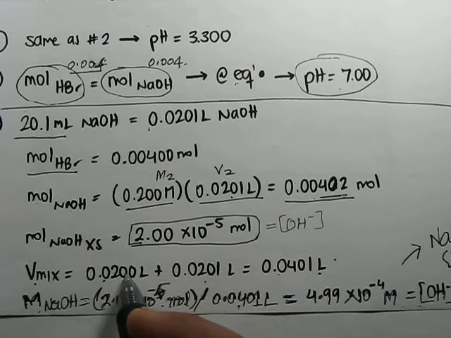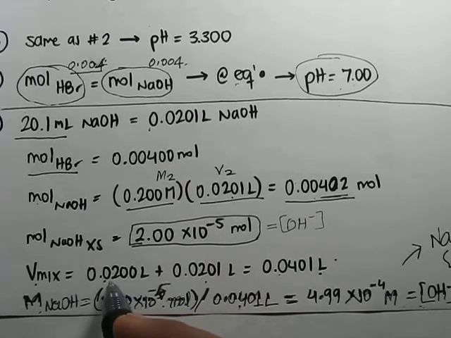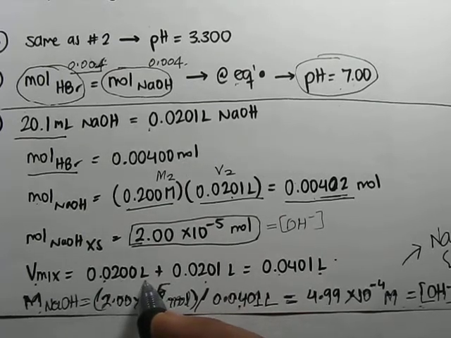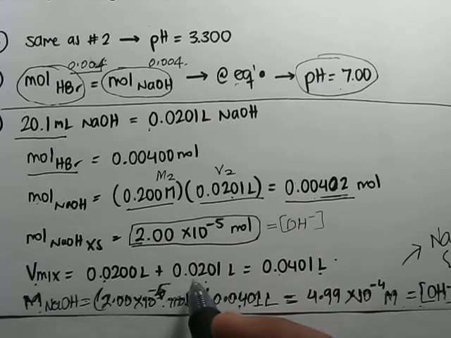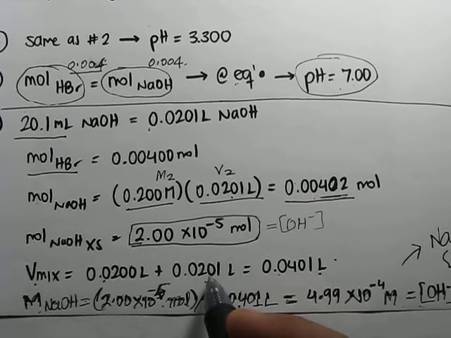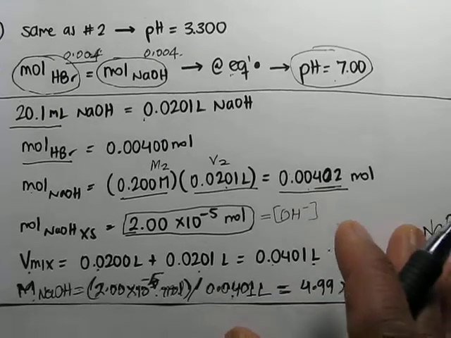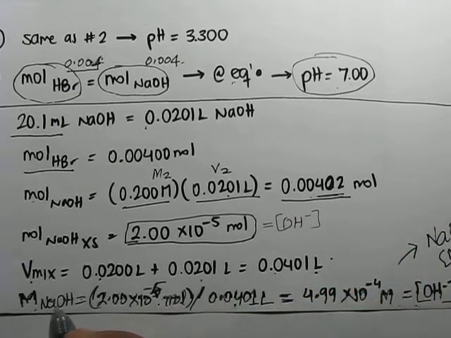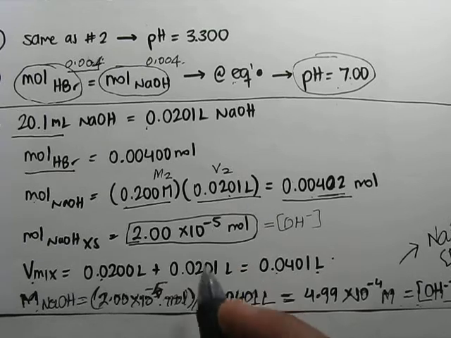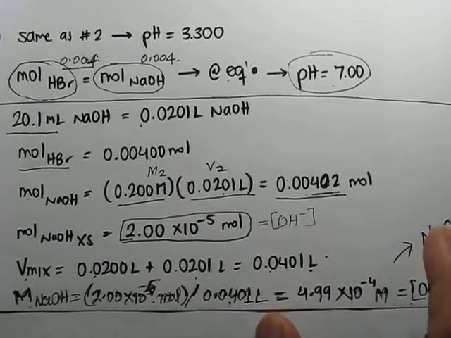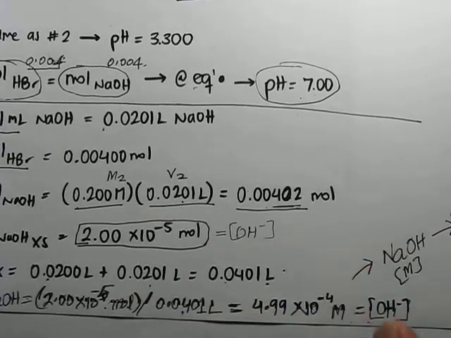So for the volume mix we have 20 ml, which is 0.02 liter of acid, to which we added 0.0201 liter of base. So the total volume is this much, and the molarity of NaOH will be moles divided by volume.